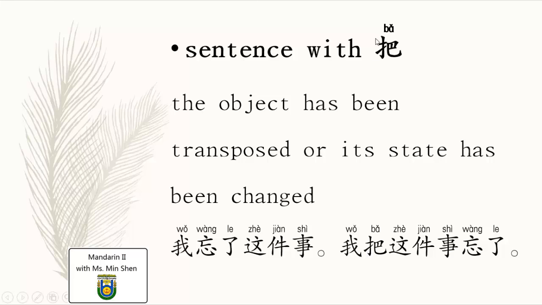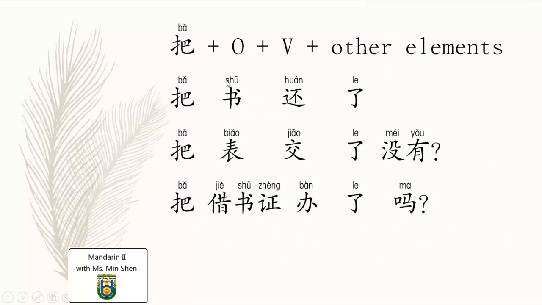So how do we use sentences with 把? We look at the pattern, please. First, you have to use the character 把 for sure, and after 把 is the object. If in the sentence we use 把, then we put the object before the verb.